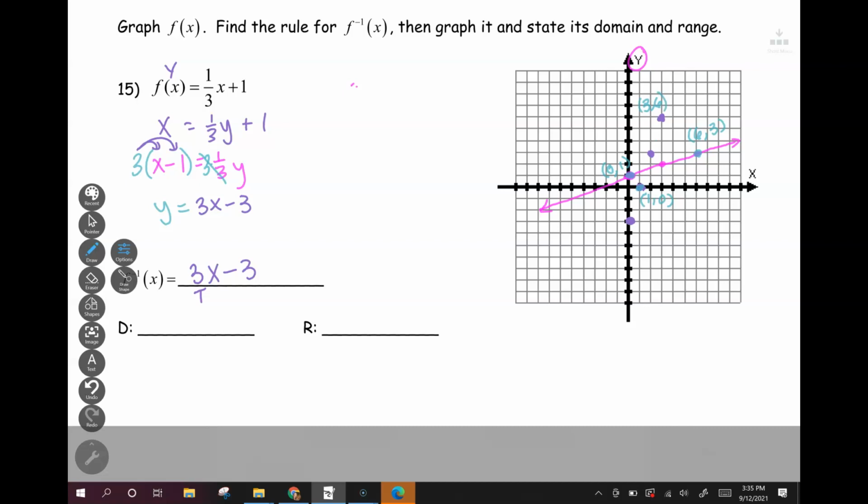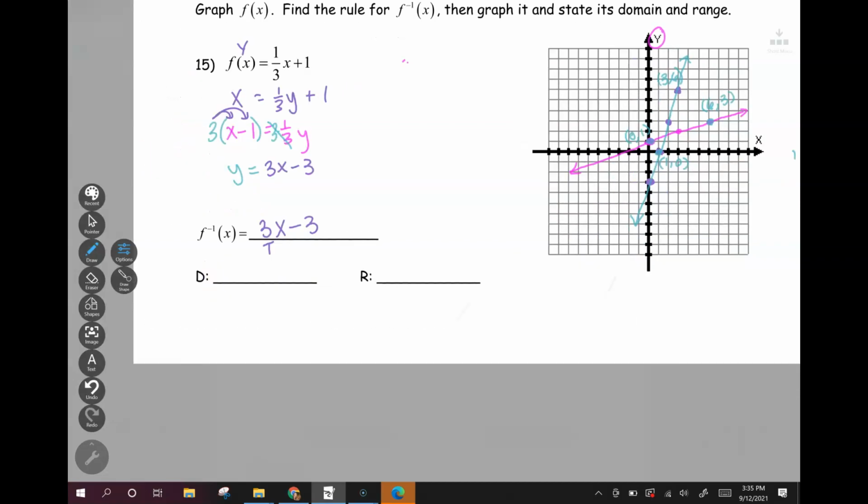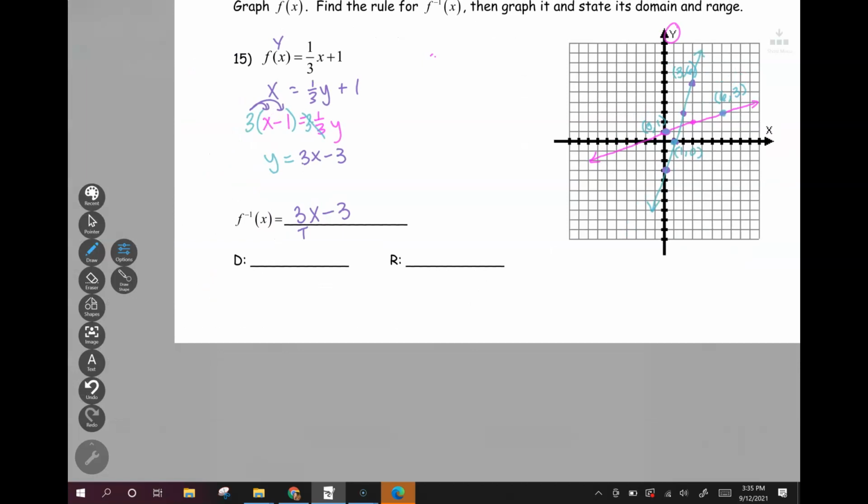Okay, so if you're having trouble graphing the inverse from the function, you can always get the points from your original function and switch x and y and plot that point. Just switch x and y and plot your new point. I don't care which way you graph it.